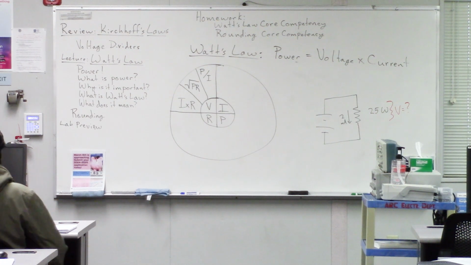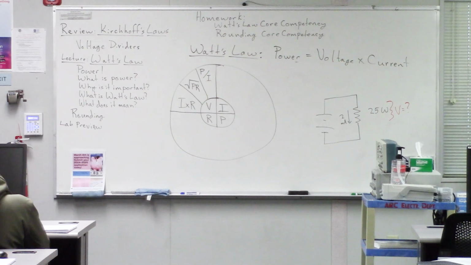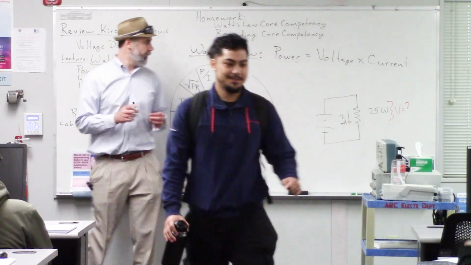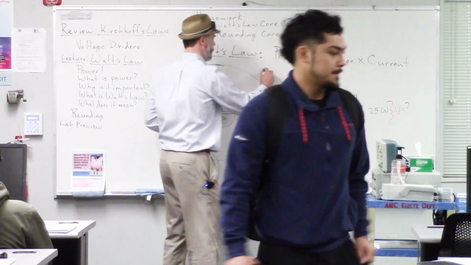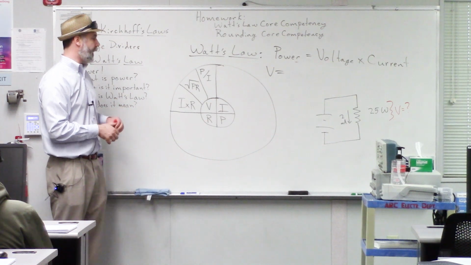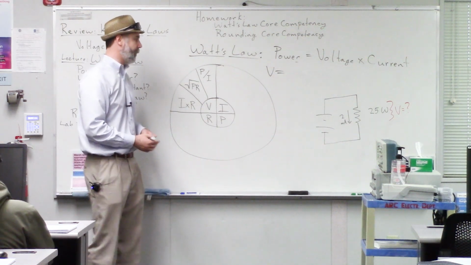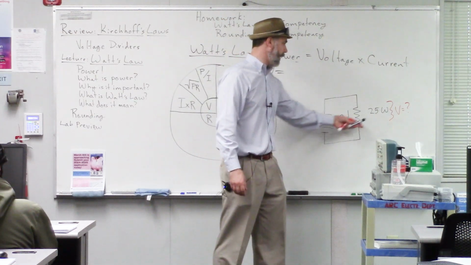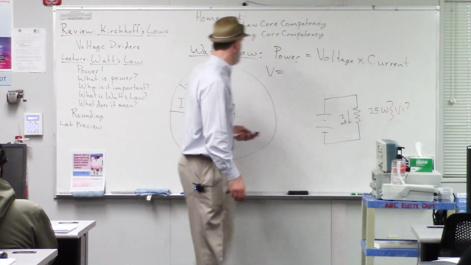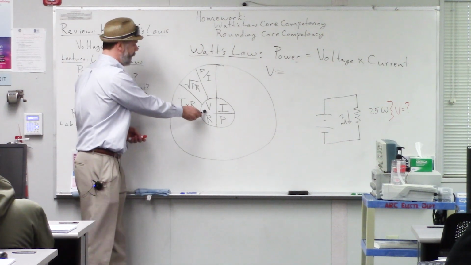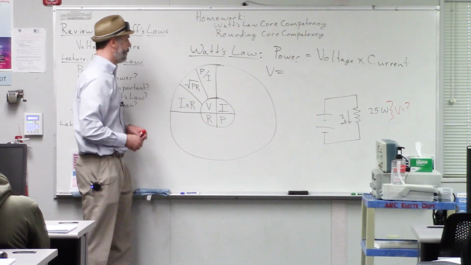Well, what I can do is come over here to my circle and say, okay, I'm trying to find voltage. So I write down V equals, and then I look at the information that I have to figure out which formula I'm going to use. I know current and I know power. So I have to find a formula for voltage that includes current and power.